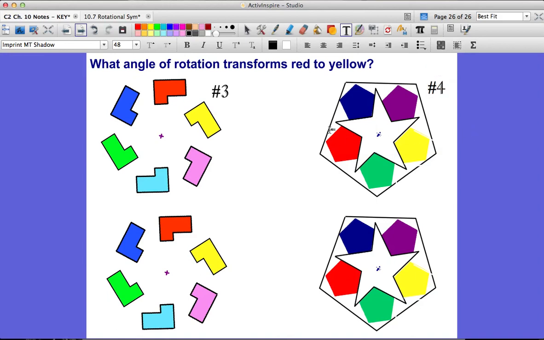You need to tell me how many degrees it would take to go from the red to the yellow. Each one of these, so this is 1, 2, 3, 4, 5, 6 points, and this is 1, 2, 3, 4, 5 points. Again, if you have any questions, make sure to post them on Edmodo or write them down so we can go over them in class.